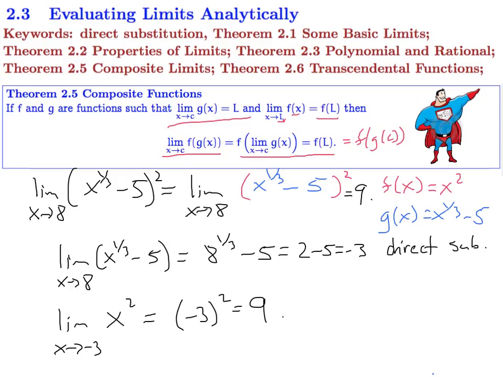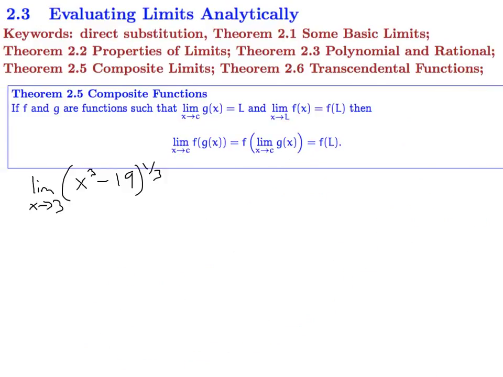Now the key feature here is that originally we had a limit of 8. We directly substitute it into the inside function, and then the answer we get from the inside becomes the new limit for the outside function. We're going to do another one of these just to make sure everyone's on the same page.